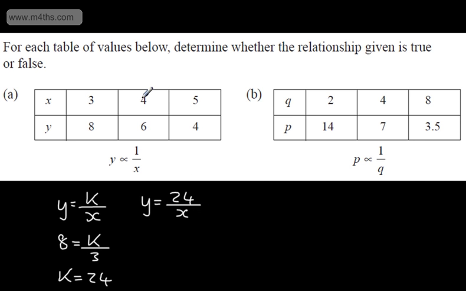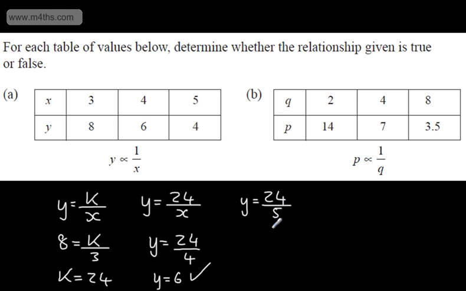Well, if I substitute in now x is equal to 4, 24 divided by 4 is 6, so this one is true. And just showing that y is equal to 24 divided by 4, y would be equal to 6, therefore it's true.